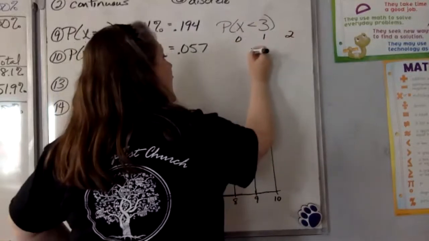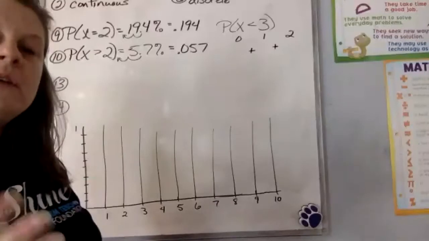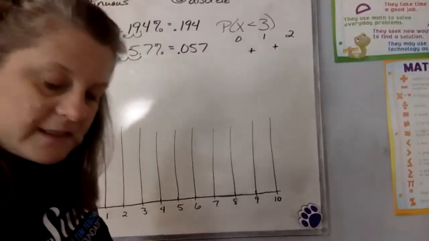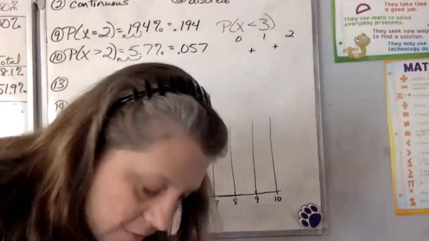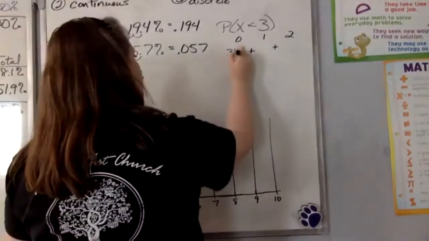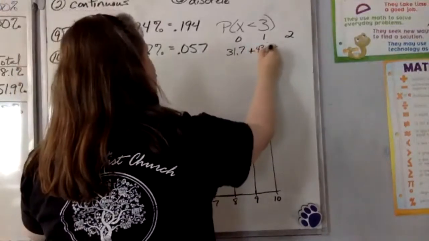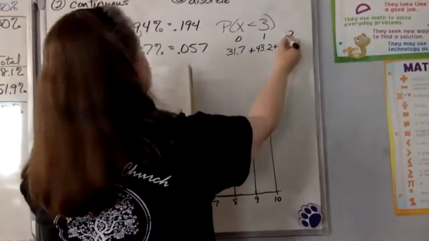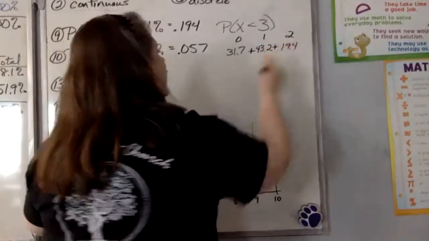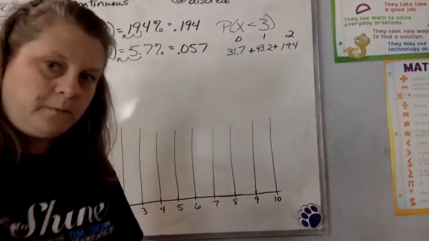So I would have to add all those together. If it says less than 3, that means you could have had 0 dogs, which was 31.7, 1 dog, which was 43.2, or 2 dogs, which was 19.4. So you would have had to add all 3 of those together and then change it to the decimal.